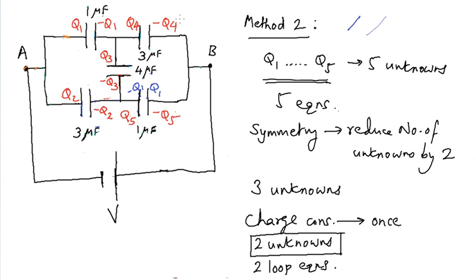Similarly, after battery reversal, this capacitor plays the same role as played by this capacitor in the original circuit, and in particular this plate plays the same role as this plate in the original circuit. So it's easy to see that this charge which appeared in the original circuit on this plate will now appear on this plate of this 3 microfarad capacitor in the final circuit.